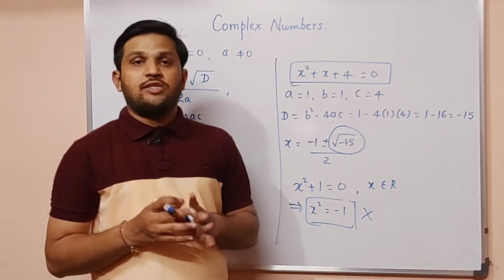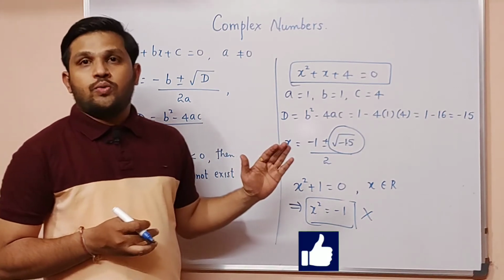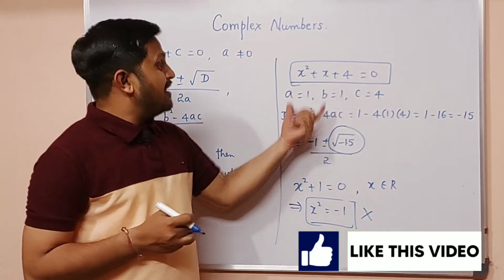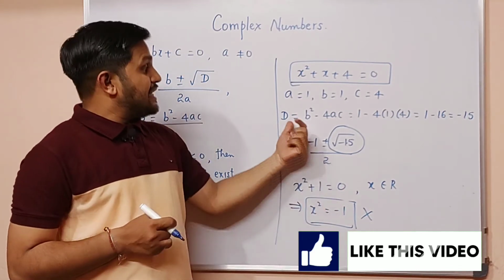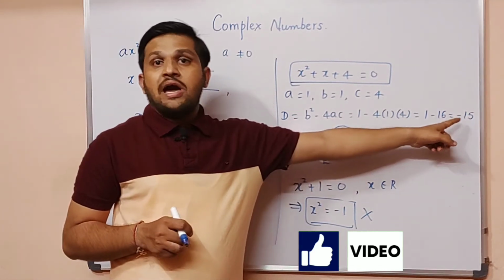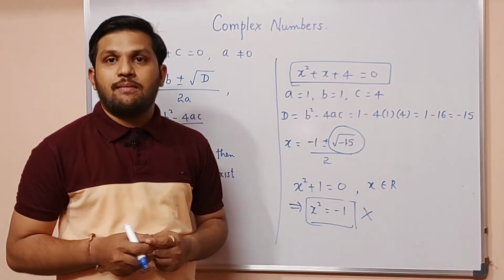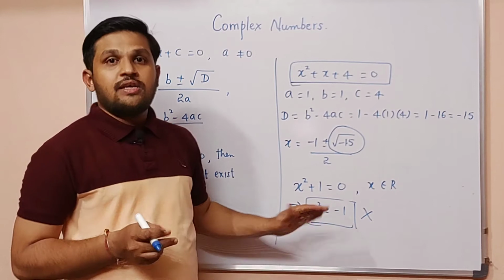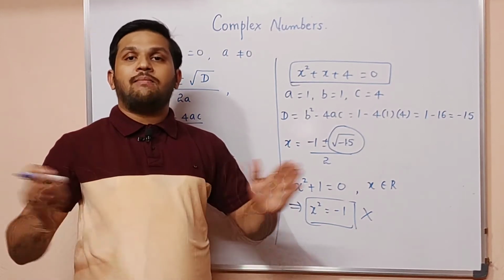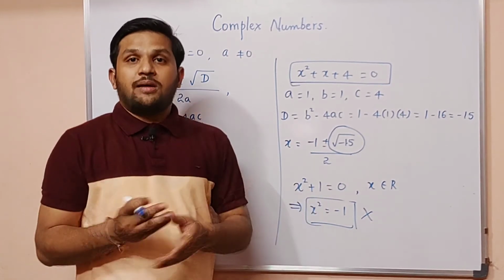So the main objective is to solve these types of quadratic equations where the discriminant is less than 0, having no solution in real numbers. In order to find these solutions, I need to extend my real number system to a larger number system.